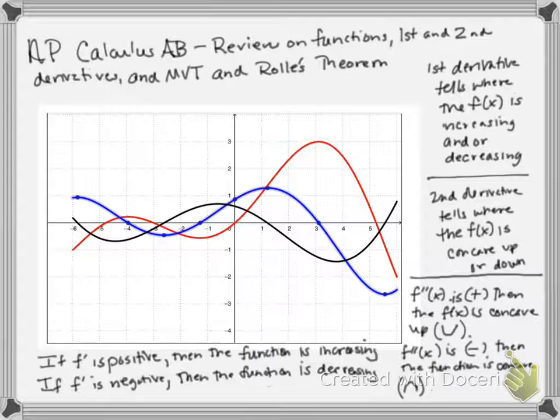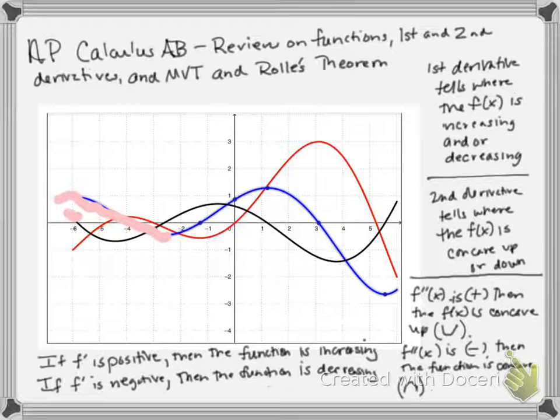Okay, so the blue graph is decreasing from here all the way to here. So if I'm decreasing, that means my first derivative graph needs to be below the x-axis. Well, when I'm looking at the black, I am down here, but a little bit on that side. When I first start tracing a line, I'm a little above the x-axis.